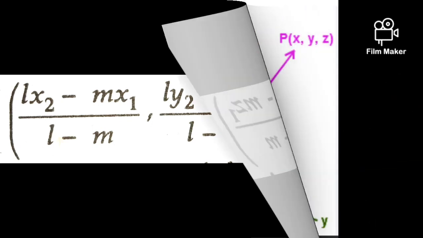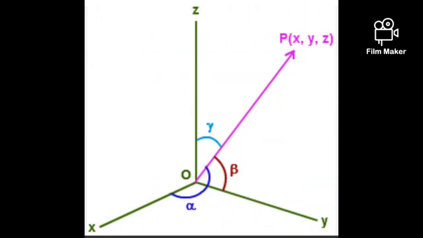Next, direction cosines. If alpha, beta, gamma be the angles which a straight line makes with the lines parallel to the axes of coordinates, then alpha, beta, gamma are called the direction angles of the straight line.